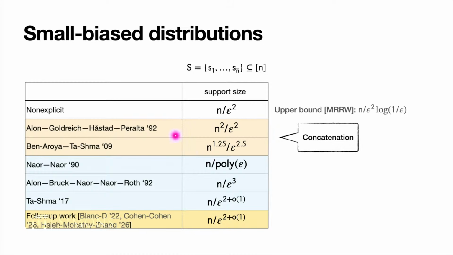I split those constructions like this because I want to mention that there are basically two main techniques for constructing those objects. One is via what we call code concatenation, if you know about it. And the other is via what we call distance amplification. I will talk about distance amplification very briefly, hopefully, in the next lecture.